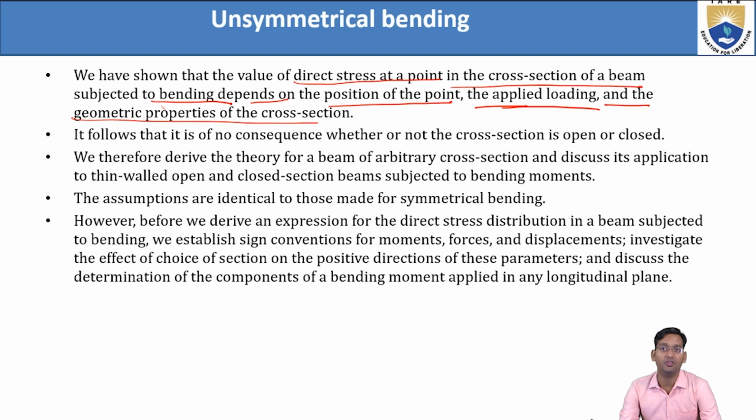We therefore derive the theory for a beam of arbitrary cross section and discuss its application to thin-walled open and closed section beams subjected to bending moment. So for thin-walled open and closed sections, we can derive it together. The only difference is that in the closed section, there will be internal stress or internal pressure, called the hoop stress.